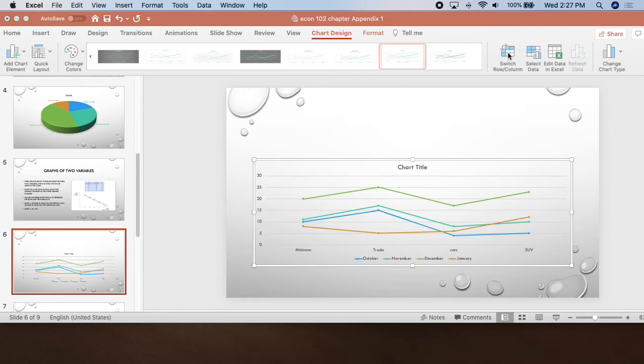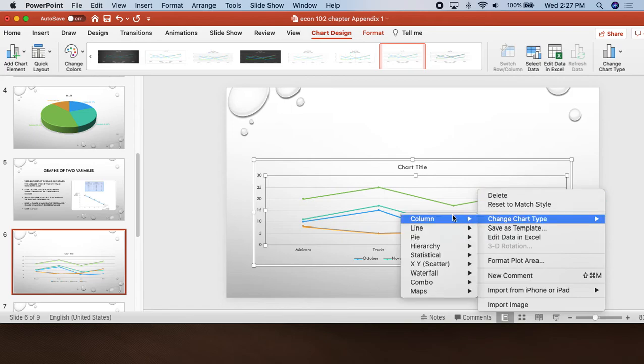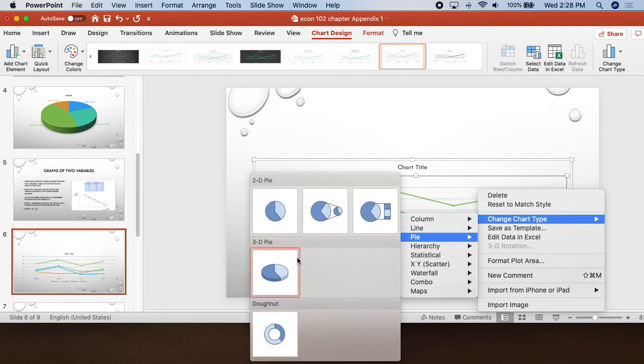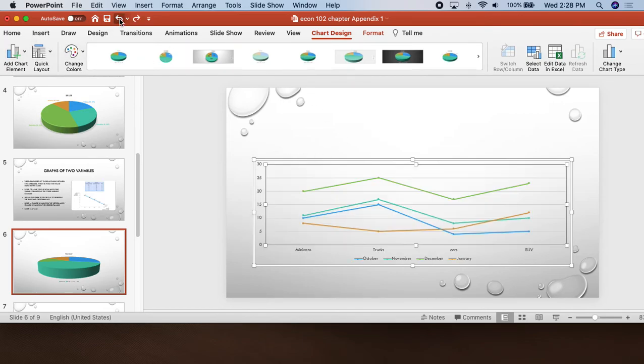So that will be another option. Let's see here, and then you can also change the chart type, and you can do pie, and here is your data once again. So if we go back in here, this is the kind of data we're going to be looking at during our classes.